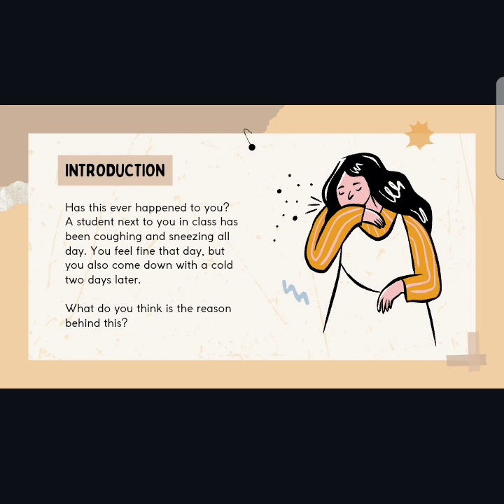The student had a virus, most likely the common cold virus. The student was continuously sneezing and coughing all day. That student must have had some sort of virus, most likely cold or flu, and through droplets when he was coughing or sneezing and not covering his mouth, the virus entered your body.